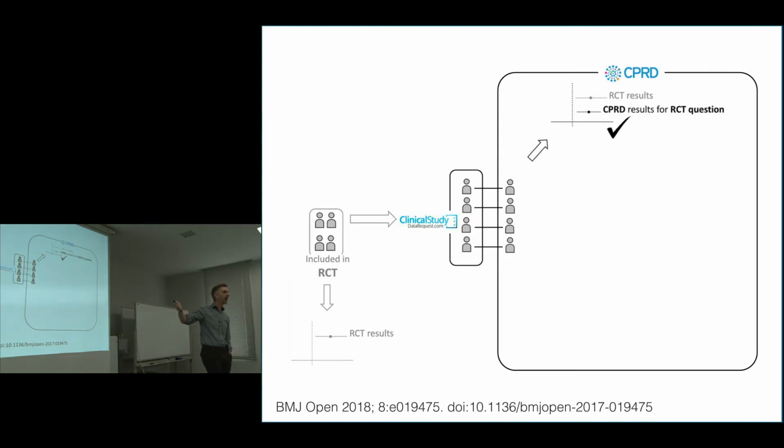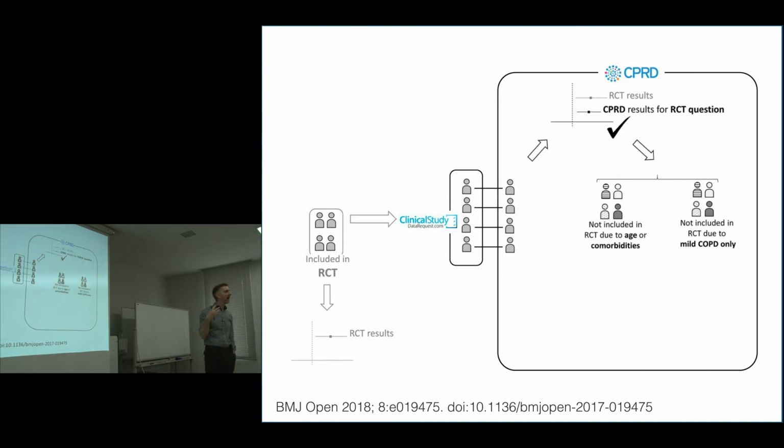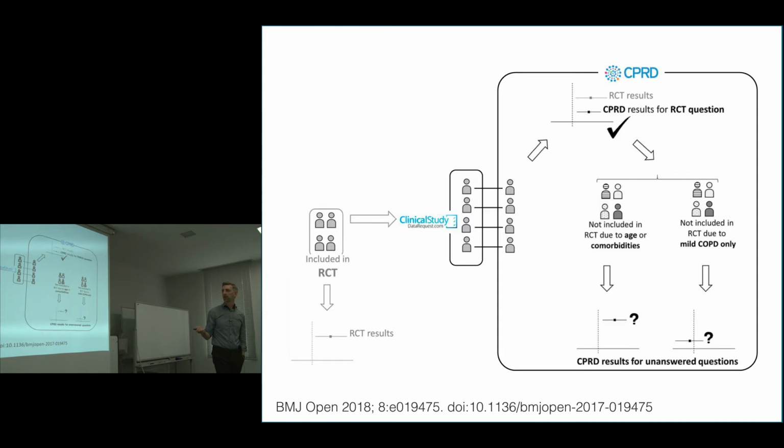And if the answer to that is yes, we see a similar result, then our next step would be to ask questions about the sorts of patients who were not included in the trial, maybe because they were too old, or they had more severe COPD, or whatever the reason was, and then try to estimate the effectiveness of COPD treatments in those patients, given that those are clinically interesting questions where we don't know the answer.